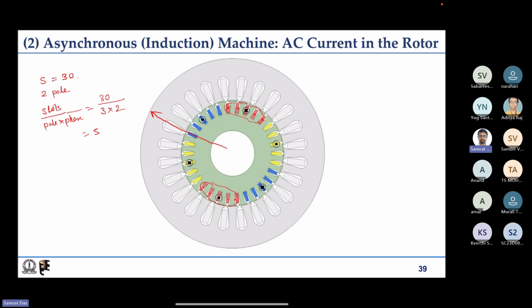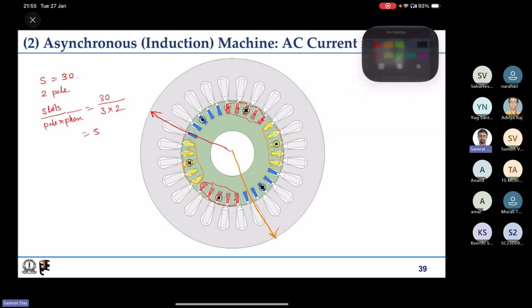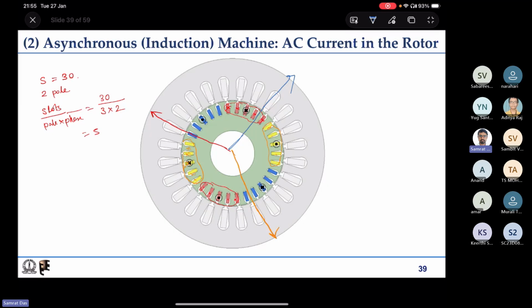Similarly for the yellow phase and the blue phase. With the same knowledge of distributed winding, we can make that winding on the rotor also.